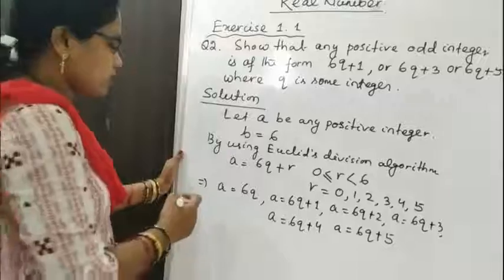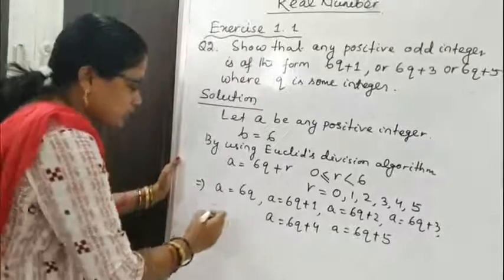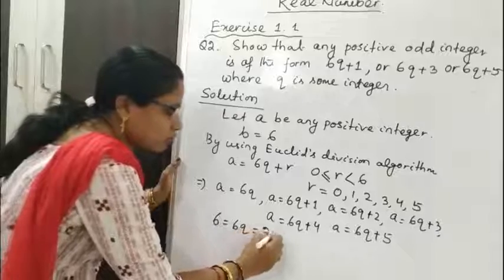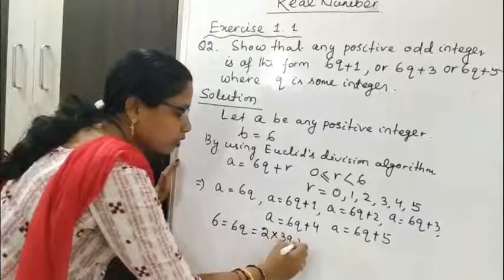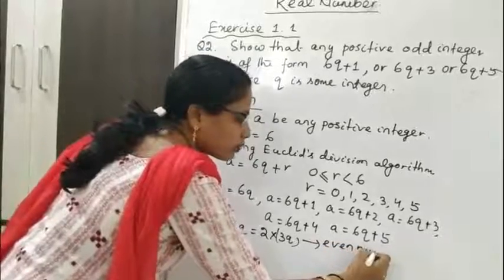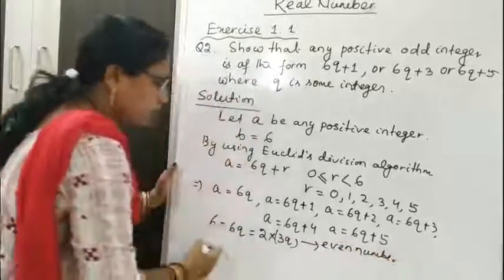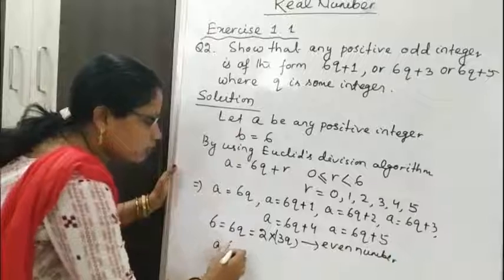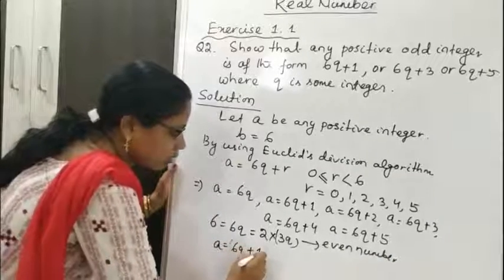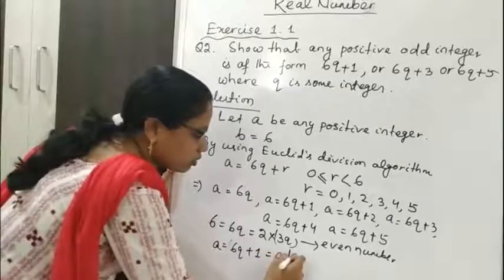From this, a is equal to 6q, that is 2 into 3q, so this is an even number. Then a is equal to 6q plus 1, so this is odd.